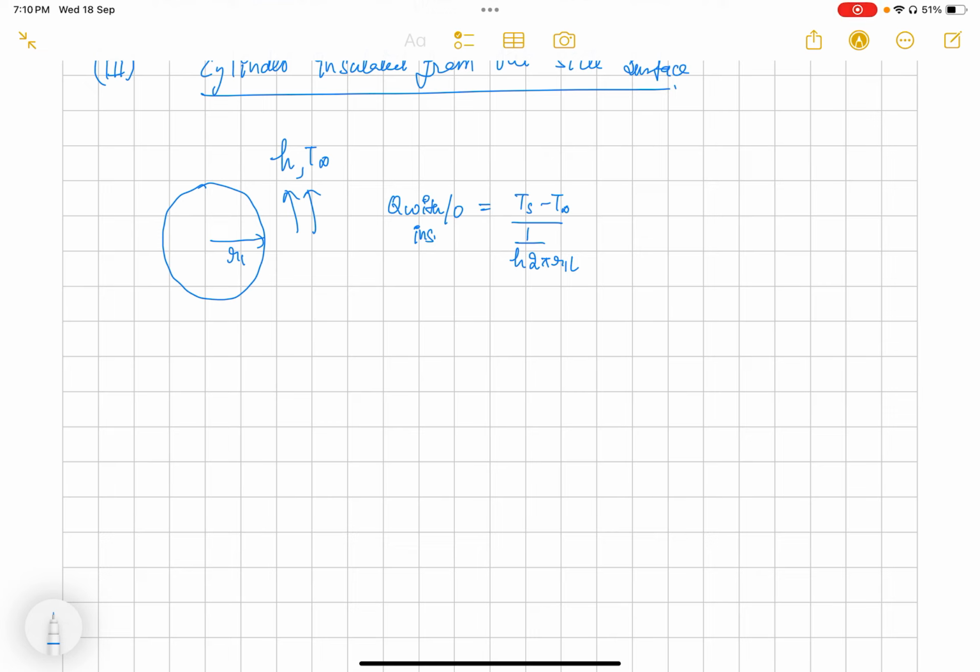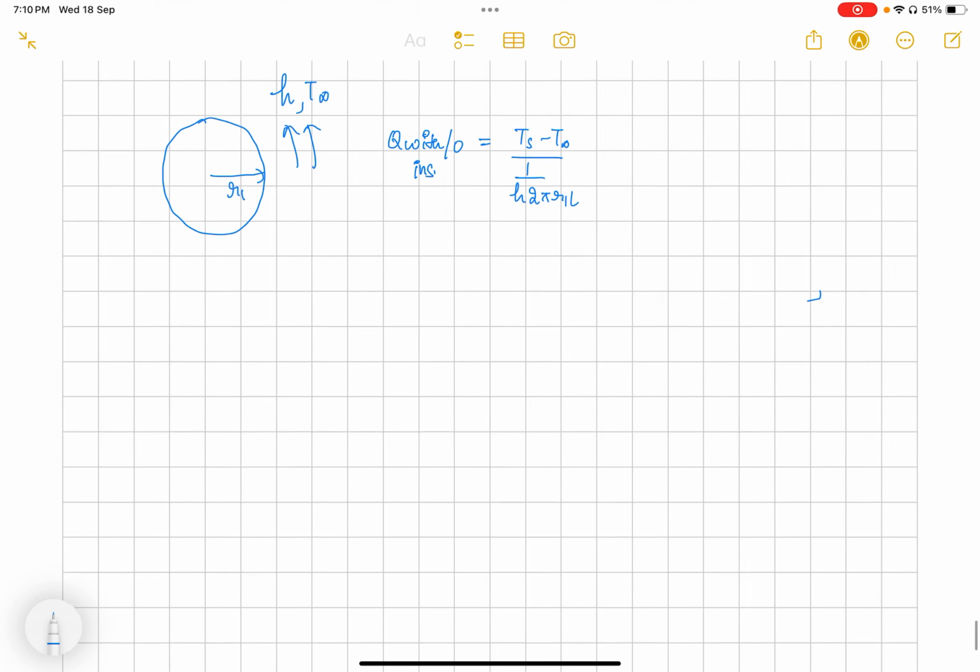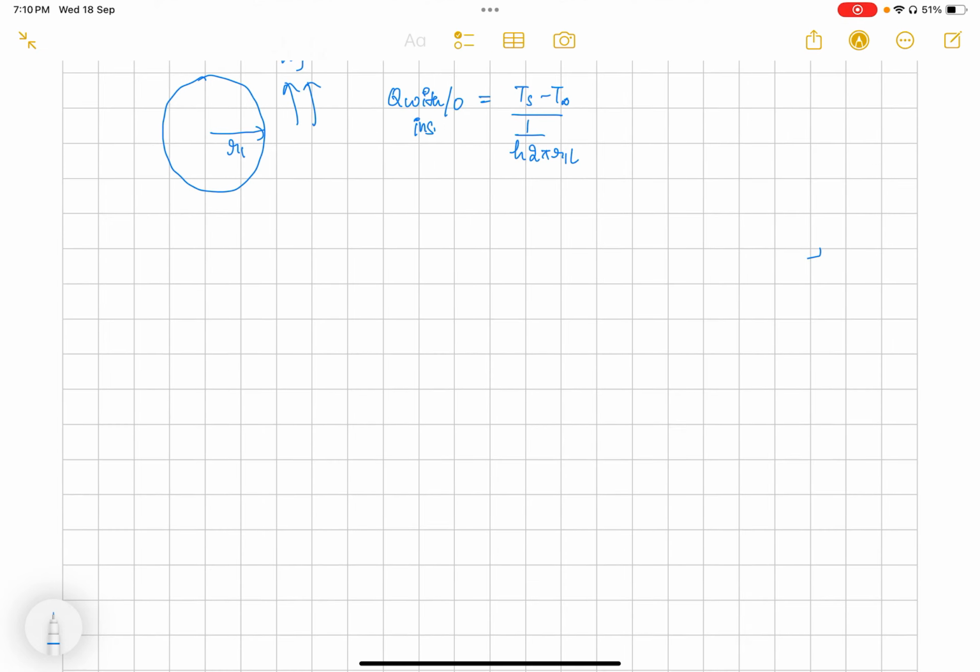So let's draw its cross-sectional view. And this is the base material.